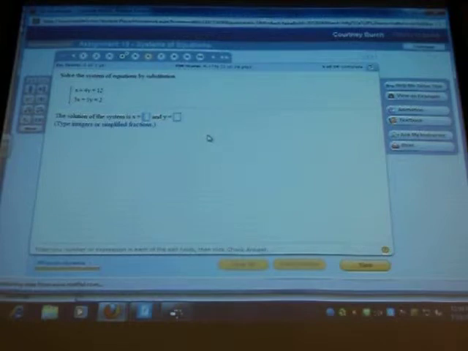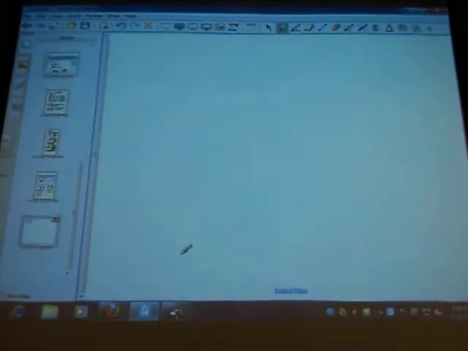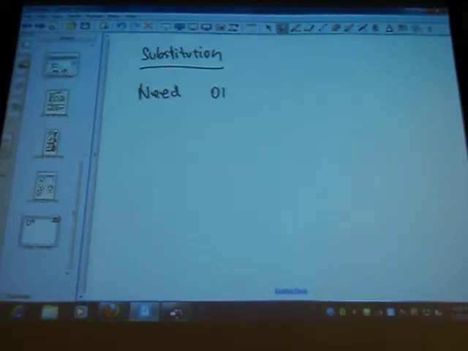Okay, let's talk about substitution here. Number 6 is a problem where they're set up for substitution. What you want to do with substitution is you need one equation to be x equals or y equals.